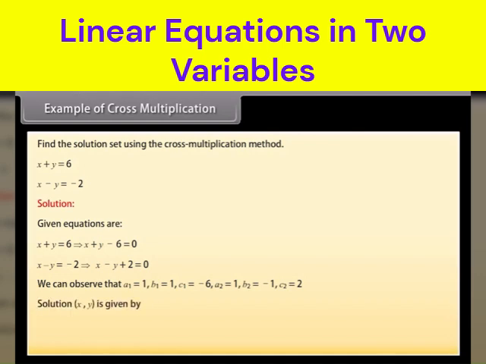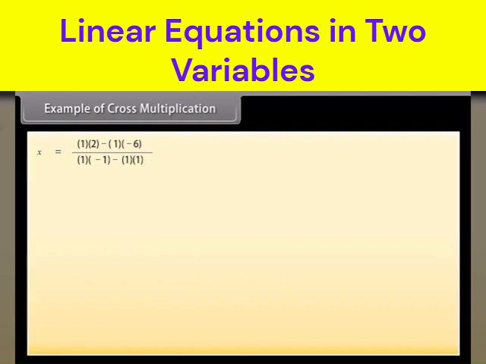Solution x, y is given by x is equal to (b1 c2 minus b2 c1) upon (a1 b2 minus a2 b1). Now by substituting the values we get x is equal to (1 into 2 minus 1 into minus 6) upon (1 into minus 1 minus 1 into 1).